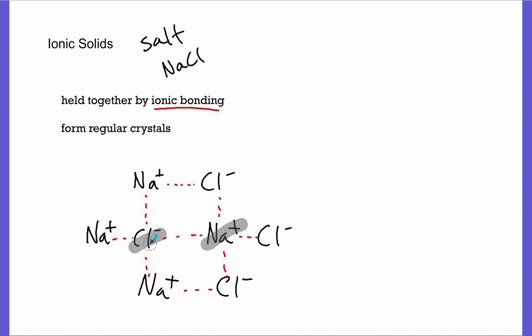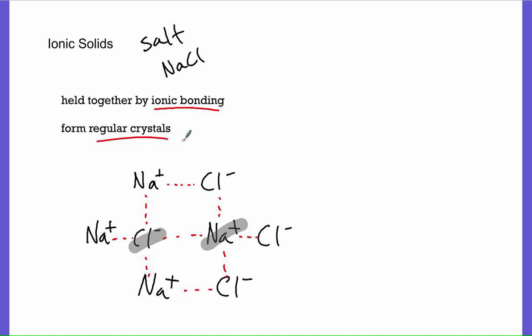So it's actually going to be surrounded by 6 sodium ions, whereas that sodium on the right is surrounded by 6 chloride ions, and every ion is surrounded by 6 other ions of opposite charge. So that leads to a specific structure, a regular crystalline structure, again, that results from those positive and negative charges.